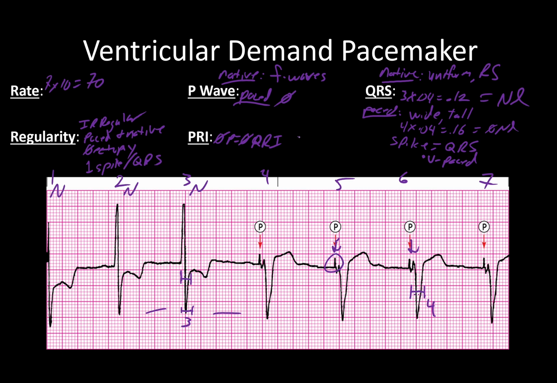This is going to be AFib with demand V pacing. Just like that. Again, like we'd mentioned in the previous slide, it's cell-to-cell conduction that causes these wide QRSs to happen in these situations.